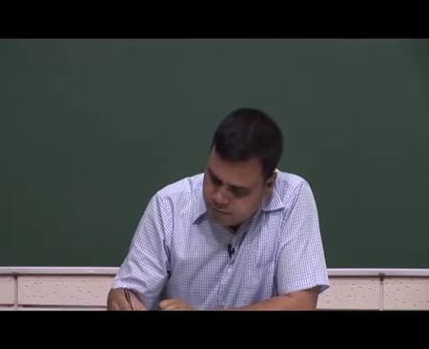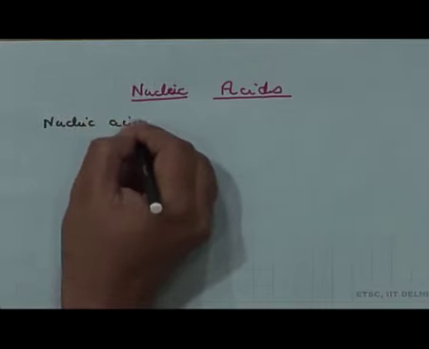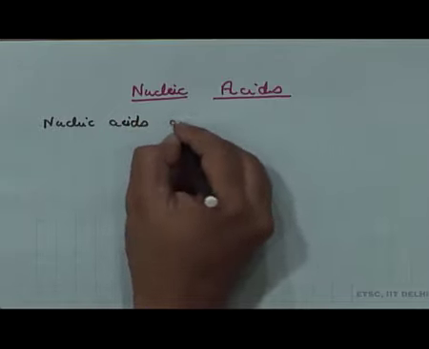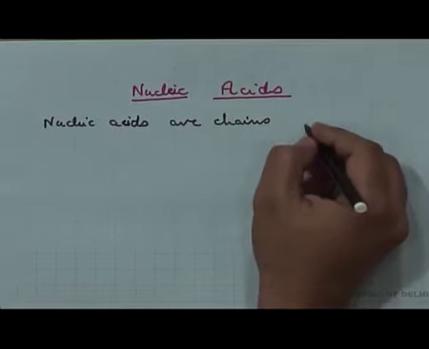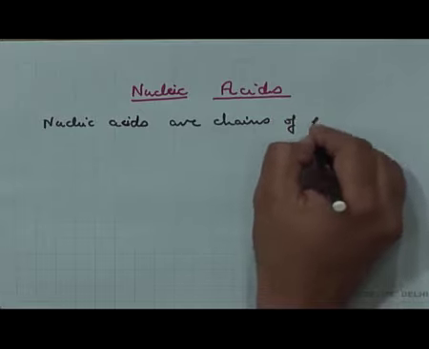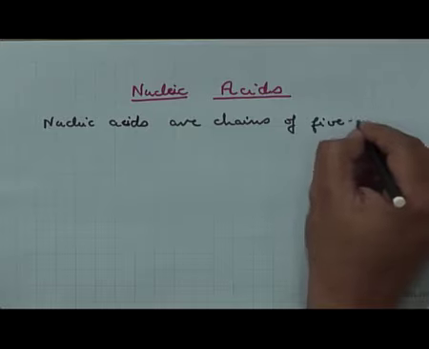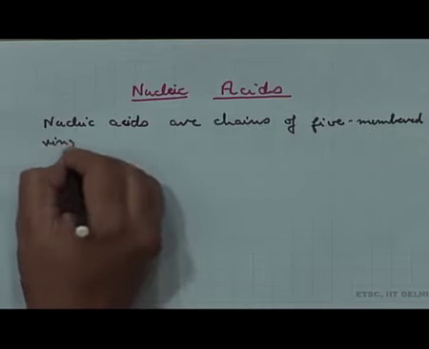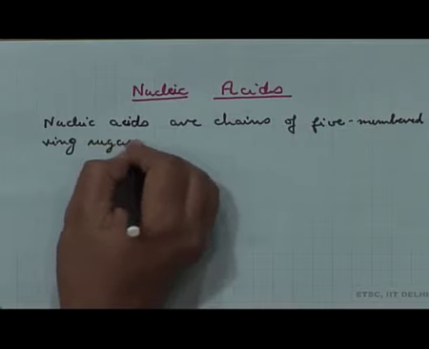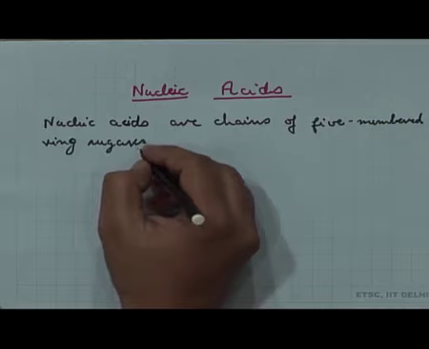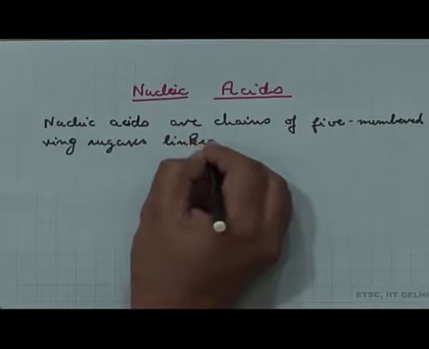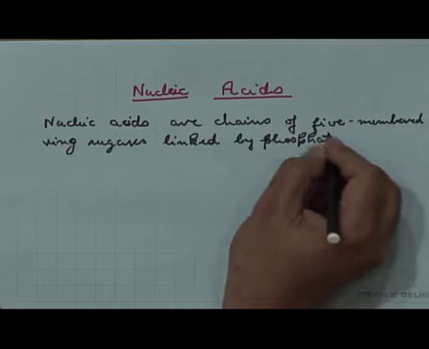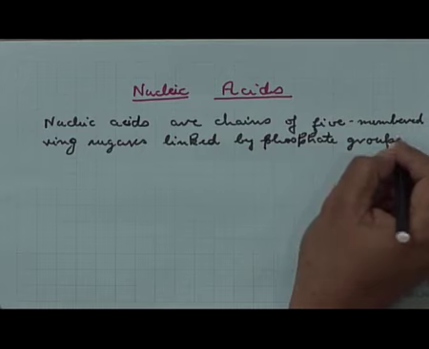Nucleic acids are chains of 5-membered ring sugars linked by phosphate groups.